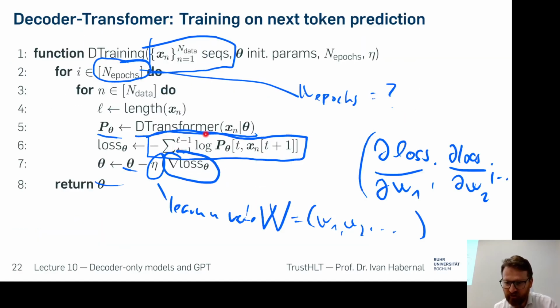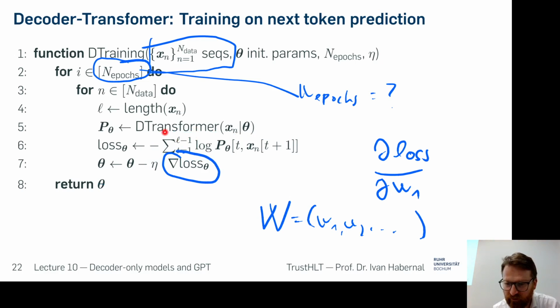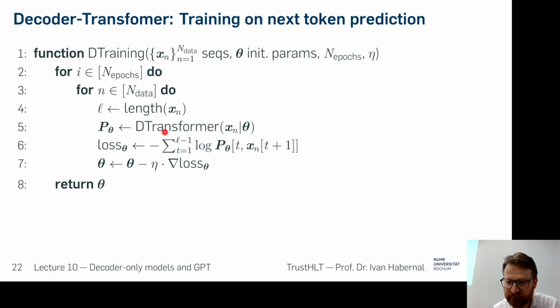How did we get this very awful log here? Now we understand. It's basically cross entropy for the next token, and we do it for all the previous tokens. We compute a loss for this position, from the first token until the previous token, because we're iterating over the inputs.